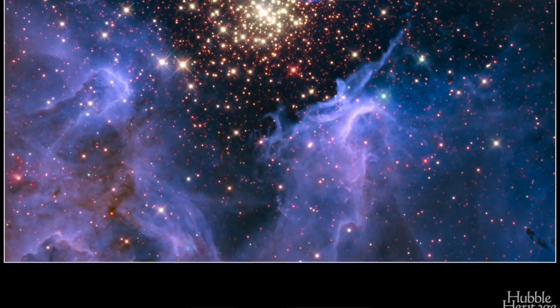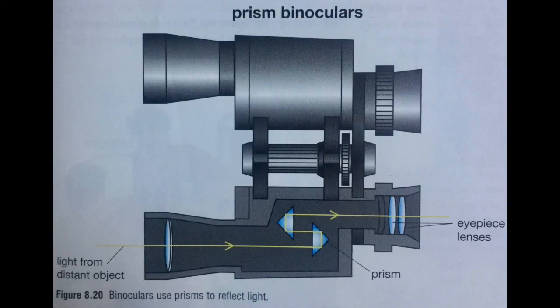Binoculars. Binoculars are actually two reflecting telescopes mounted side by side. You can imagine how difficult it would be to hold up two long telescopes. In binoculars, the telescopes are shortened by placing glass blocks inside.